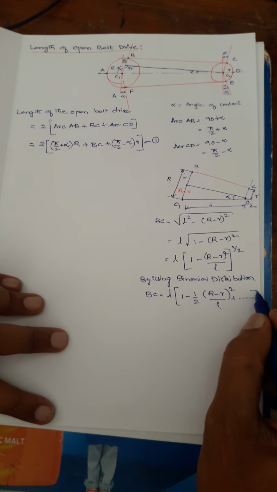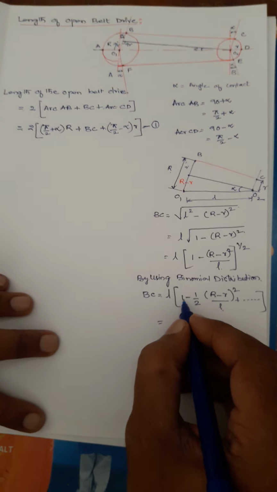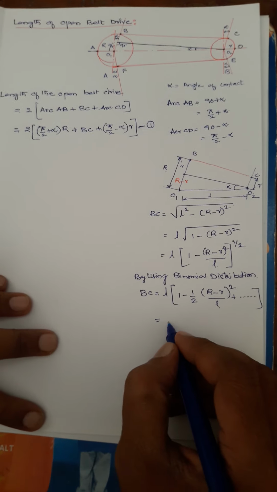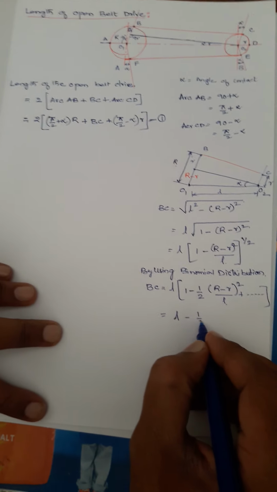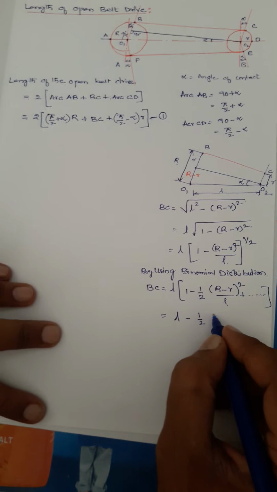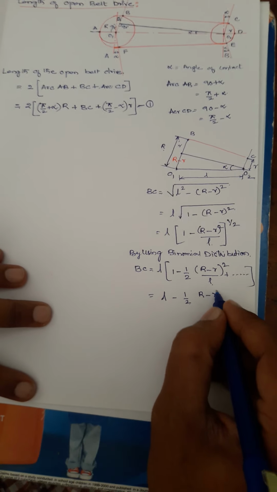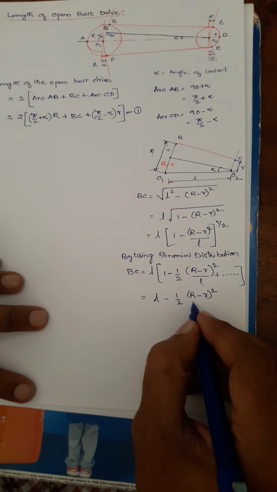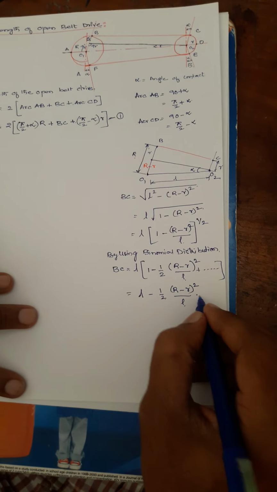This expansion ends. Then I'll write this equation by multiplying: L minus 1 by 2 into capital R minus small r whole square by L into L.